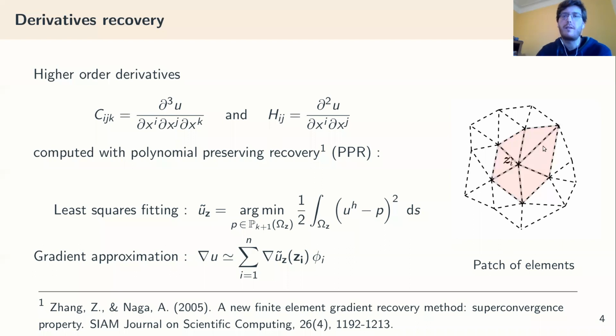So we obtain this solution on patches of elements by solving a local least square problem, and we approximate the gradient of the solution by the gradient of the recovered function at the vertices that is weighted by the shape functions. So to recover the Hessian and the third order derivatives, we just apply this process 2 or 3 times. So successive PPR and then derivation to recover the higher order derivatives.